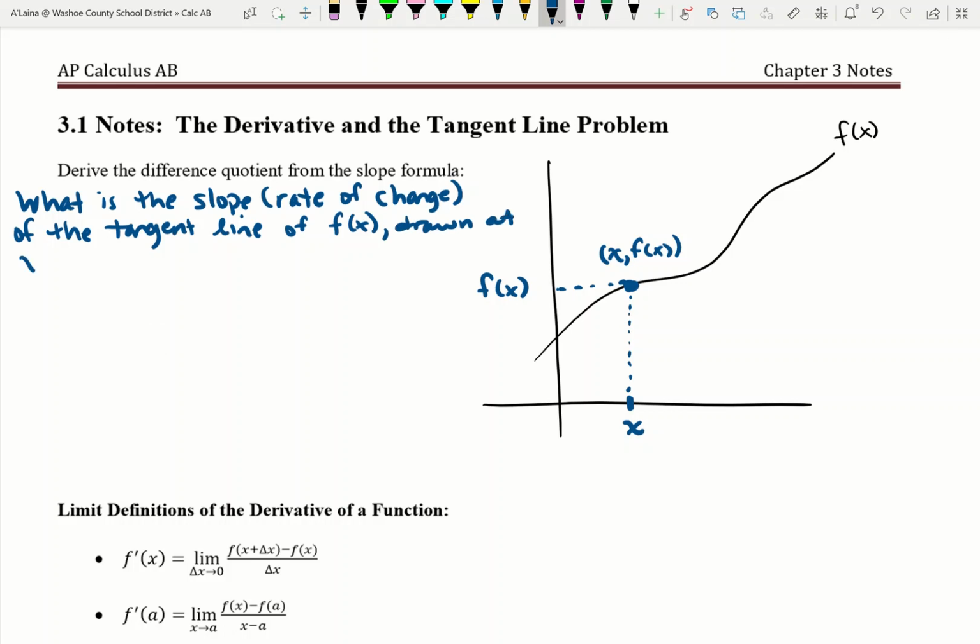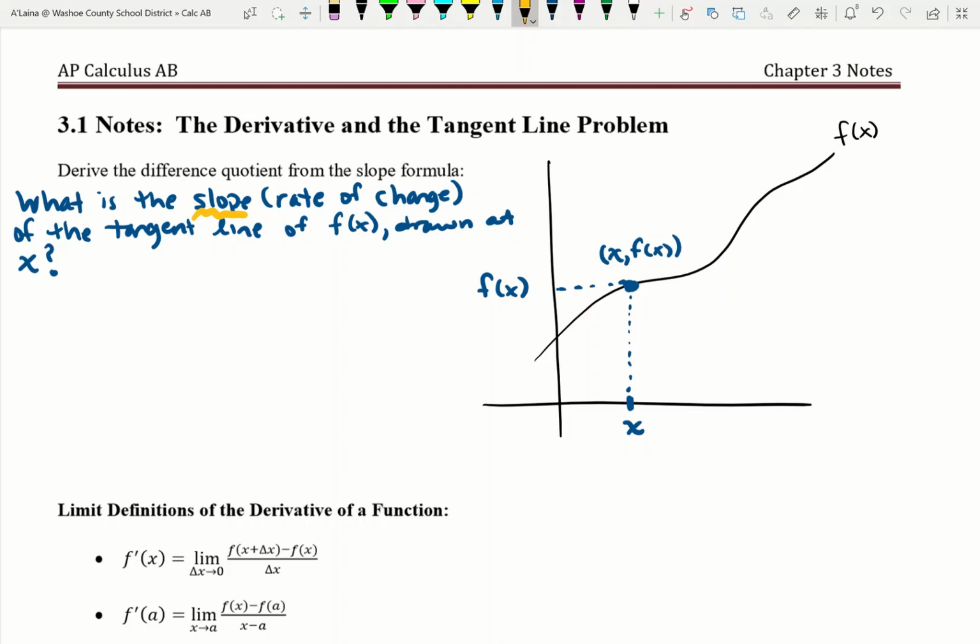There are actually going to be an infinite number of tangent lines that I could draw on f of x depending on what input of x I'm using. But there'll be one specific one here, and I'm going to be looking for the slope of that tangent line.